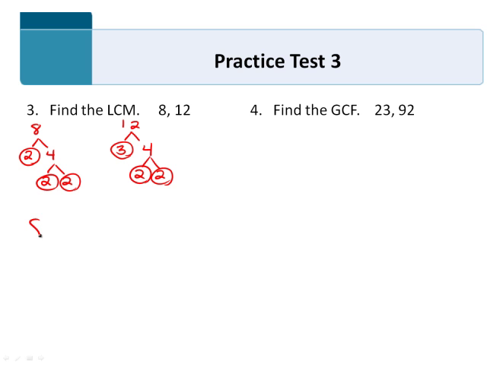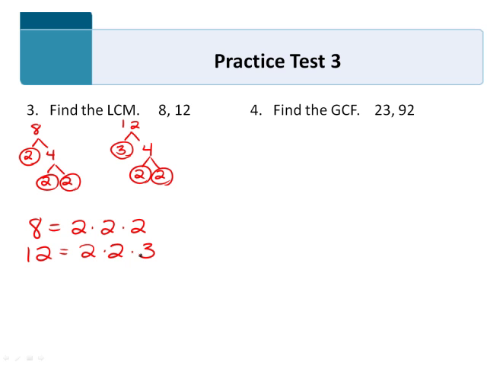Now, write them in a line. 8 is 2 times 2 times 2. 12 is 2 times 2 times 3. Now, remembering the LCM, maybe the L will help you remember you're going to circle long ways, back and forth, left to right.